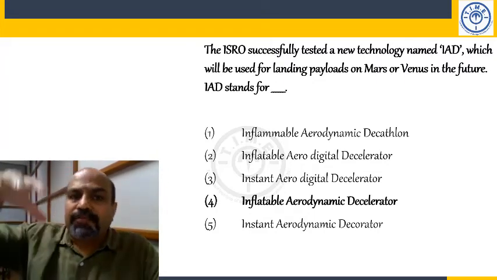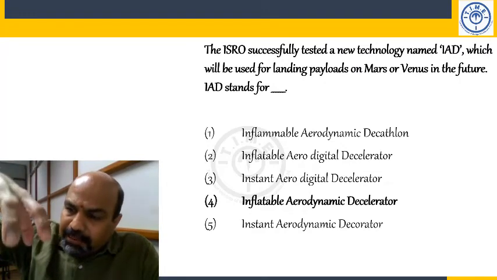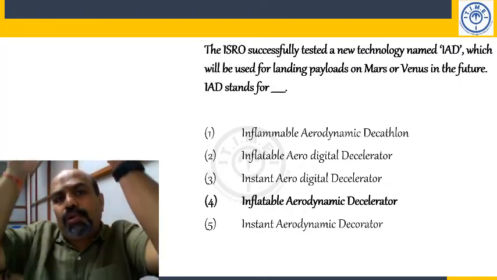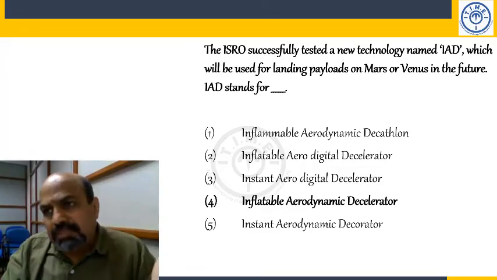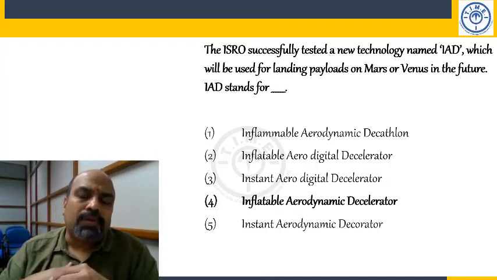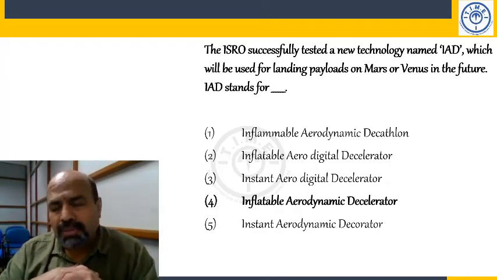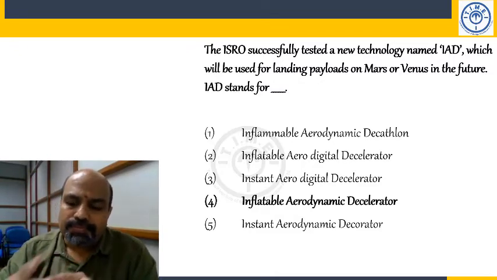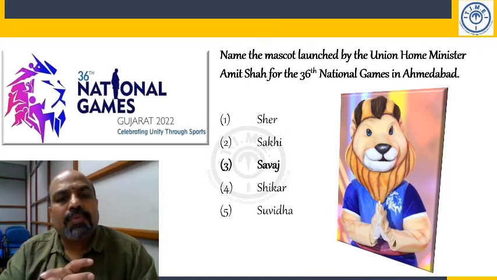What it would do is slow down the descent of the payload, so the payload won't fall all of a sudden and sometimes break on impact. That's what happened to the Vikram lander on Mars. Oh, sorry, on the moon. So, learning from our mistakes.